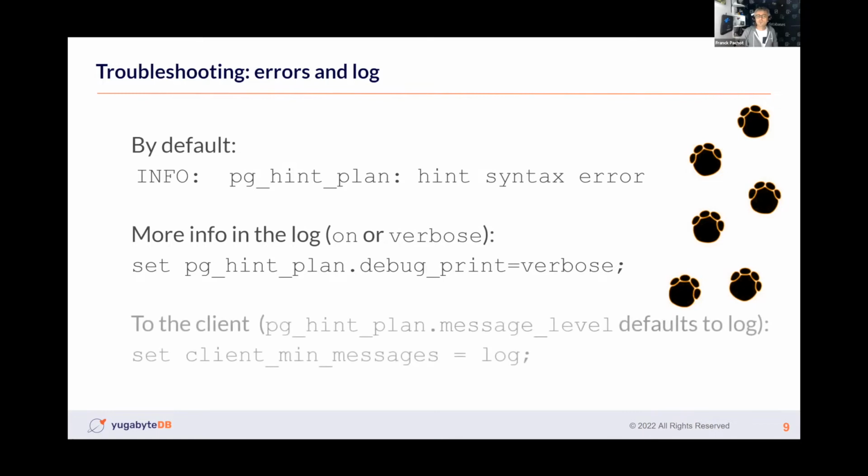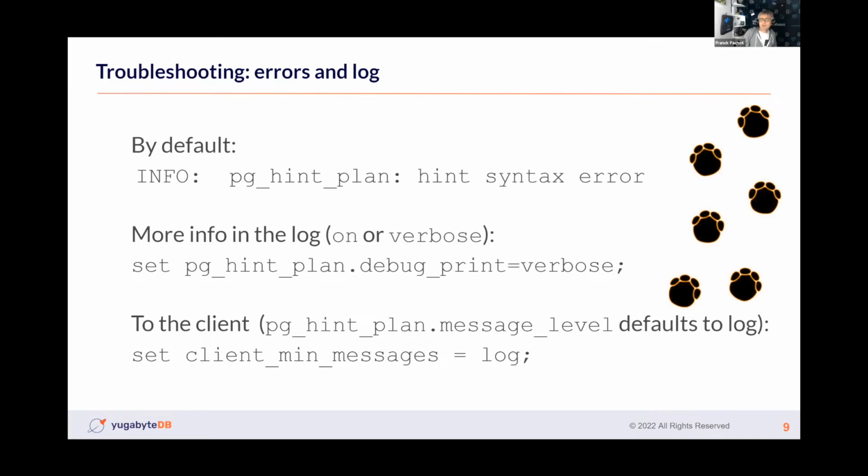So then you know that they are really considered by pg_hint_plan. If they seem not to be used, they are considered, but maybe they didn't apply in that case. And if you want those messages to be in your session rather than in the log, you can set client_min_messages to log.